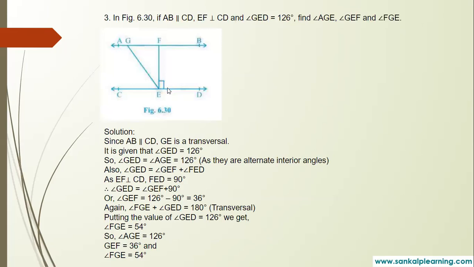Next, it is 90 degree. So the sum of all the angles is 180 degree. You had to find GED. See, total is 126, 126 minus 90 gives you this angle, right? Then FGE.